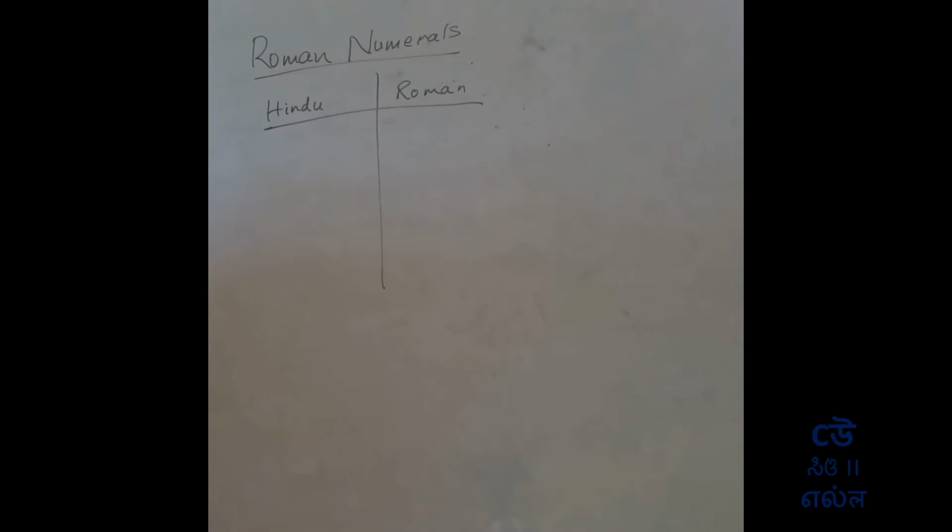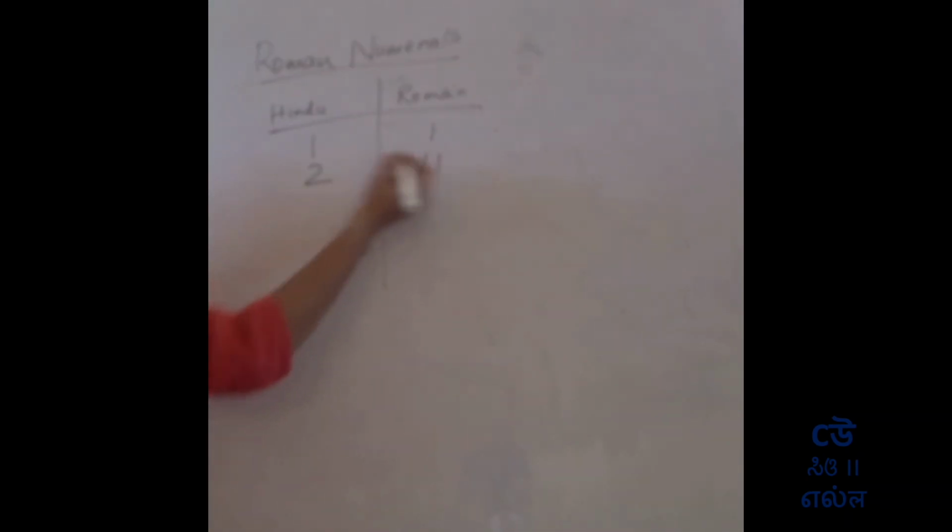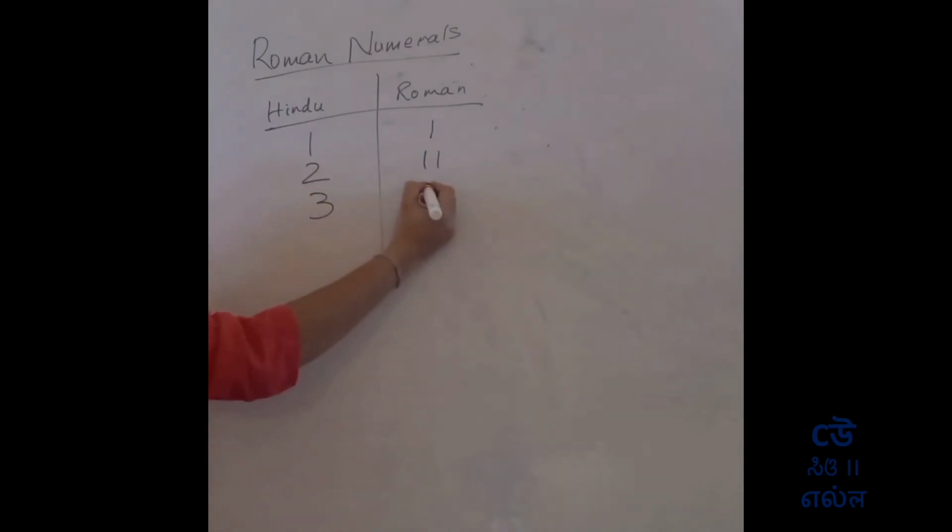Let us see how to write the numbers in Hindu-Arabic and Roman numbers. 1 you'll write as I only. 2, you'll put 2 lines. Next, 3 lines.